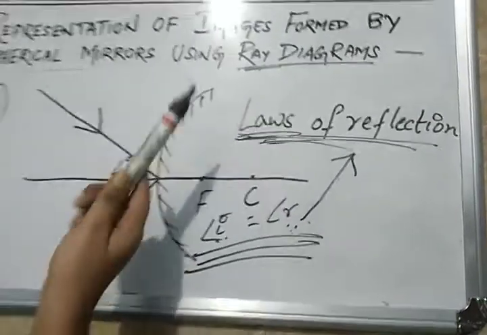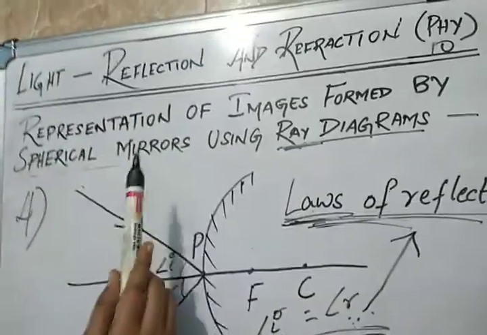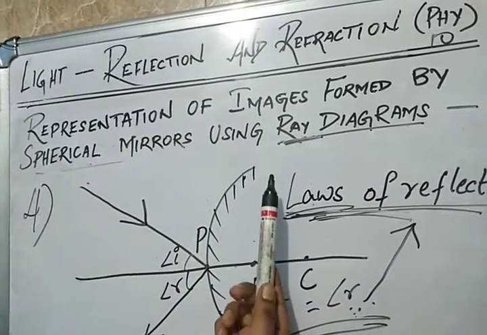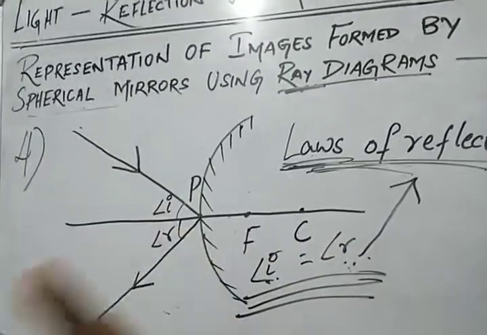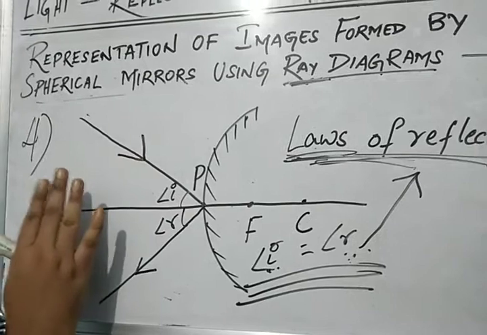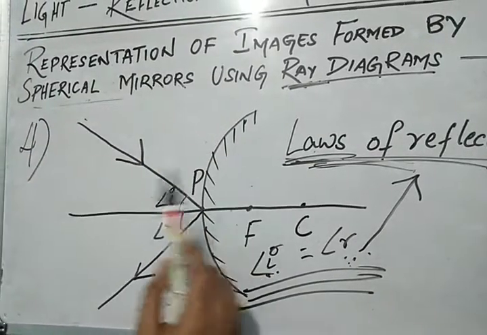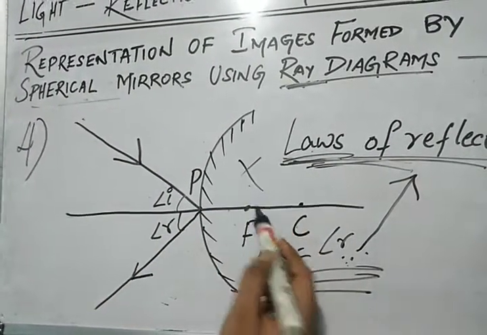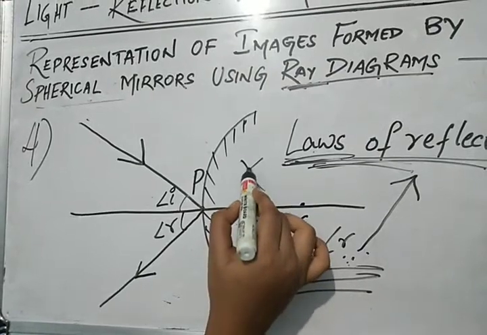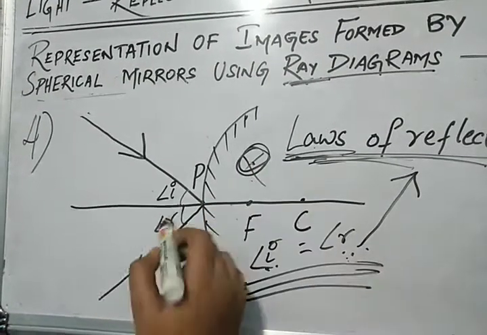Now when you represent images formed by spherical mirrors using ray diagrams, you can consider any two of the rays that intersect to denote that the image is formed over here.